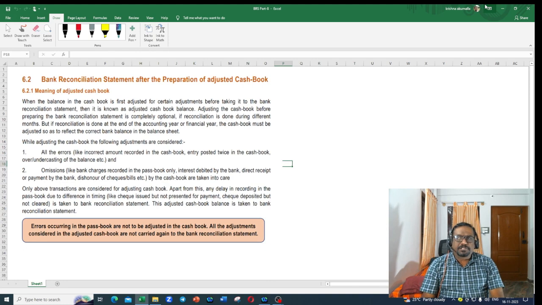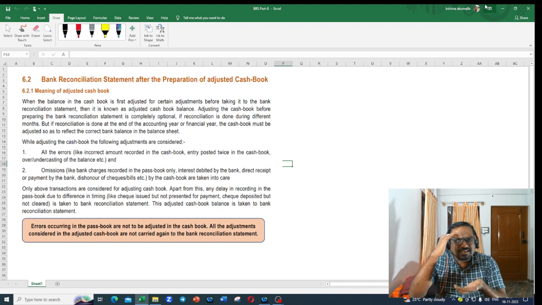I've prepared the bank reconciliation, and I go and submit it to my accountant, my CFO, or my head accountant. My job is over? No, your job is not over.